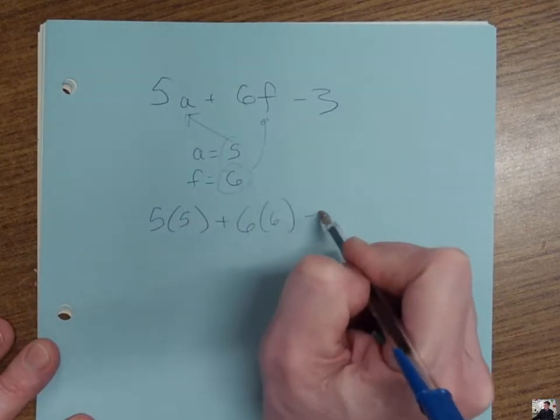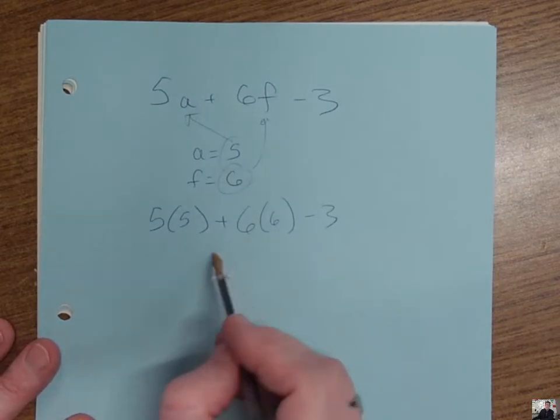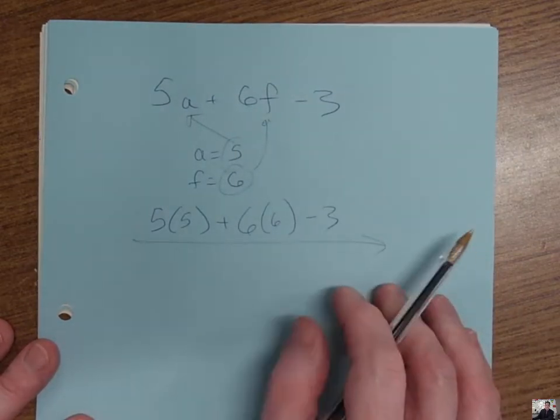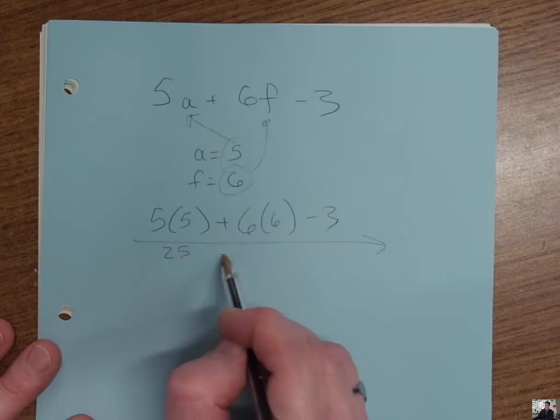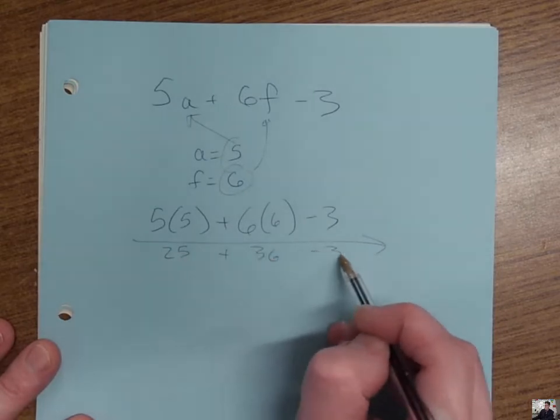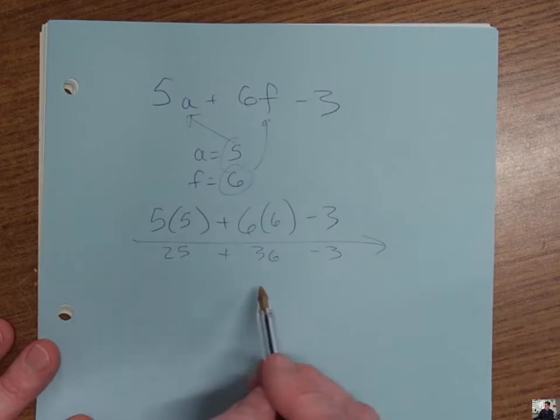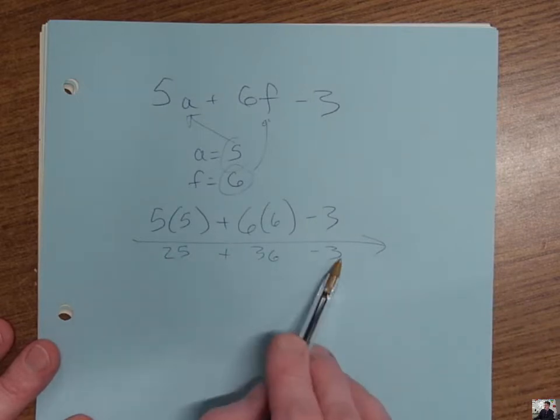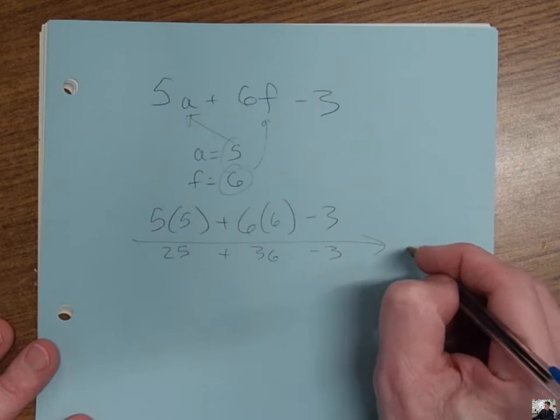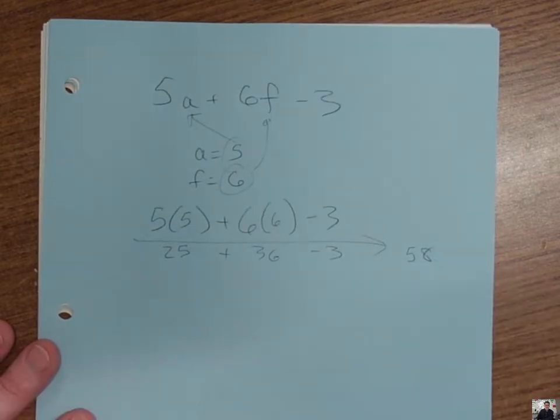Oh, look at that, I'm just making it up as I go. And then you can just solve that, type it in your calculator, or you know that 25 plus 36 minus 3 is, I have no idea, 61 minus 3, 58.